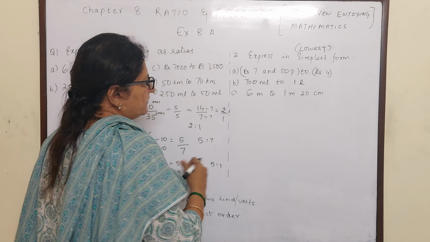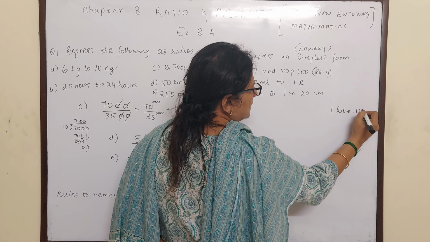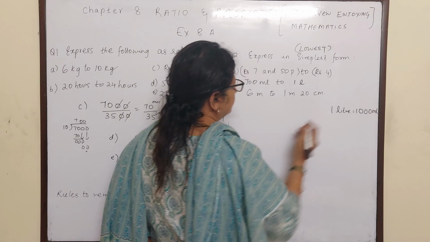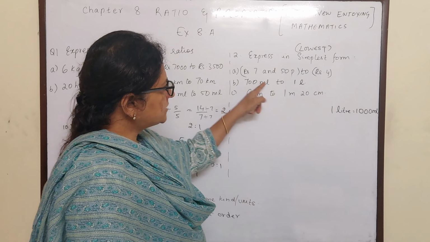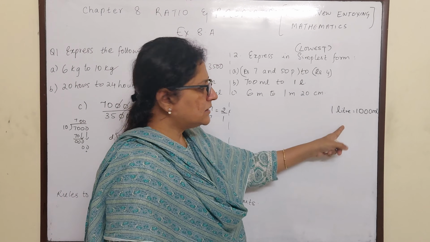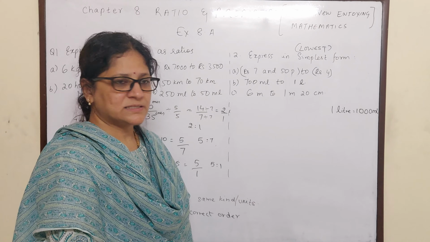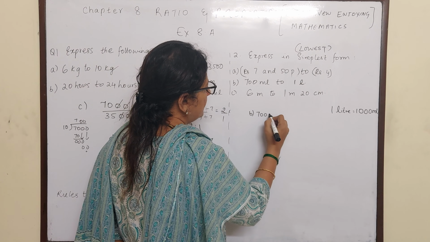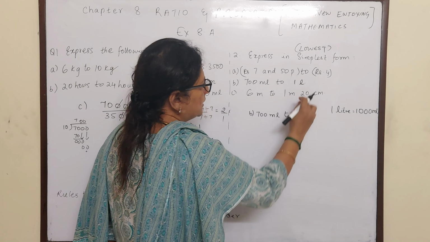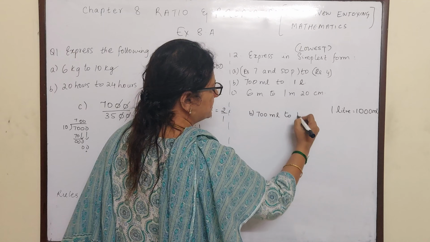Okay. So we know that 1 liter is equal to 1000 milliliter. Instead of converting milliliter to liter, I will convert liter to milliliter because otherwise there will be unnecessary decimals to work with. So the sum will be 700 milliliter to, now instead of writing 1 liter, I will write 1000 milliliter.